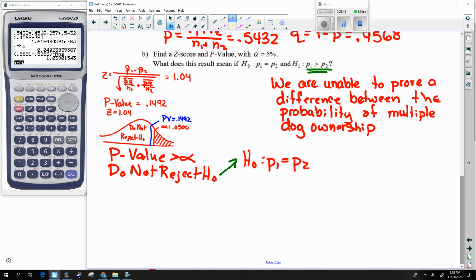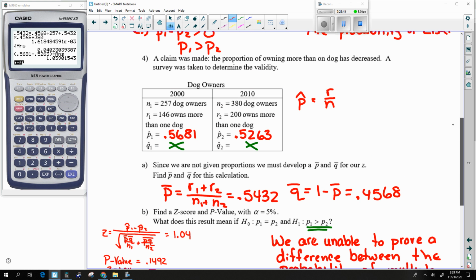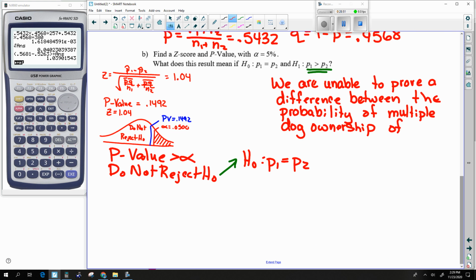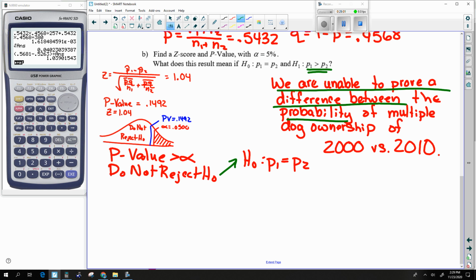The probability of multiple dog ownership of 1 versus 2, 2000 versus 2010. Make sure you have the word probability somewhere in that answer. So we are unable to prove a difference between the probability 2000 versus 2010. That's kind of like the long story short when you have this or equal to, is equal to kind of answer. So that's it.